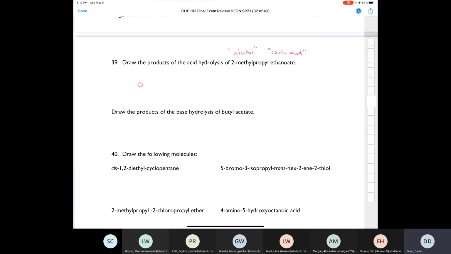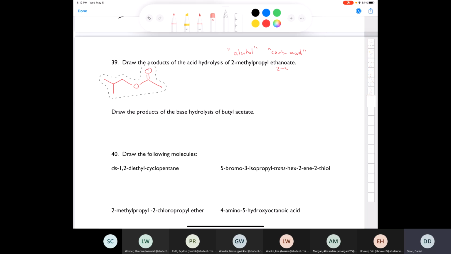So we have our oxygen, and we have 1, 2, 3. There we go. So we have our 2-methylpropyl, and then we have ethanoate, right? So that means we're going to have 2 carbons in the carboxylic acid portion. 1, 2. There we go. 2-methylpropyl ethanoate.